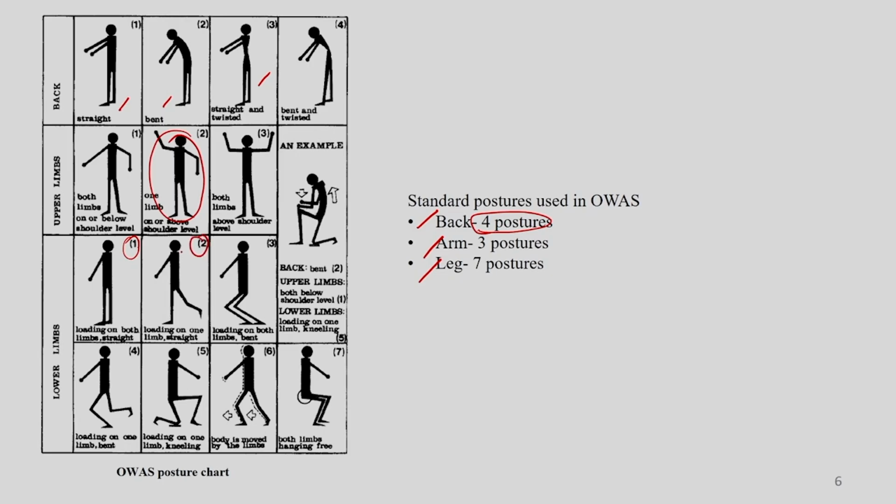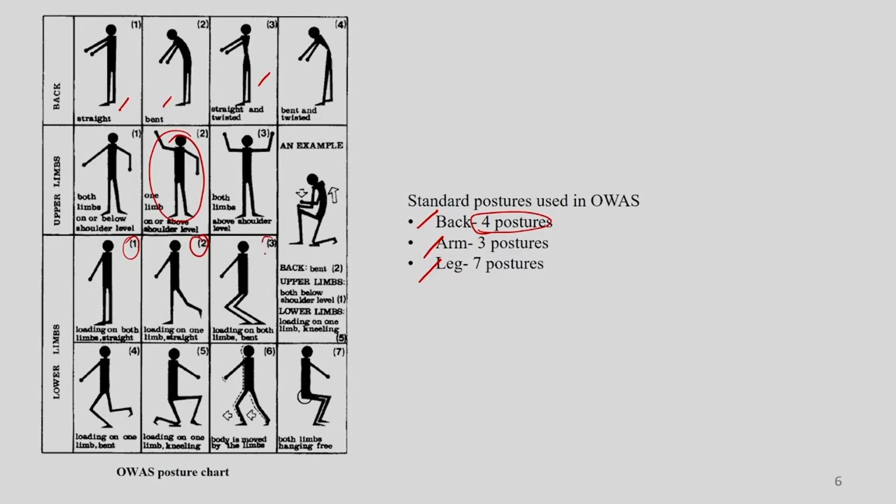So there is not equal distribution of your body weight on both feet; one has more, another has less. Third is loading on both limbs, however both limbs are bent. You can understand, if you are in a half sitting condition without sitting support, what kind of posture it is.